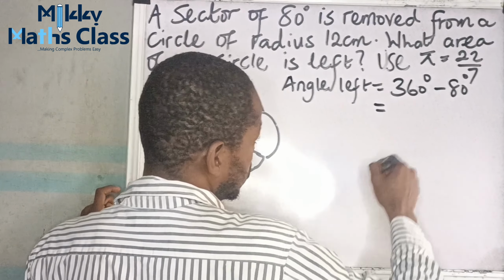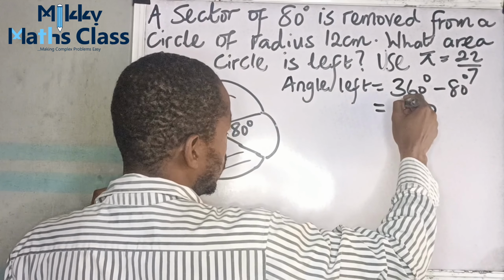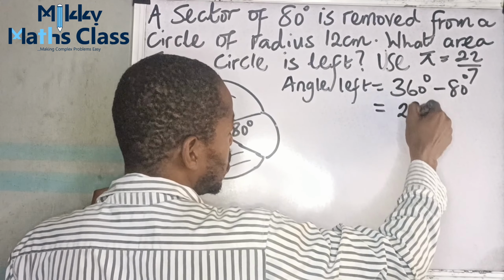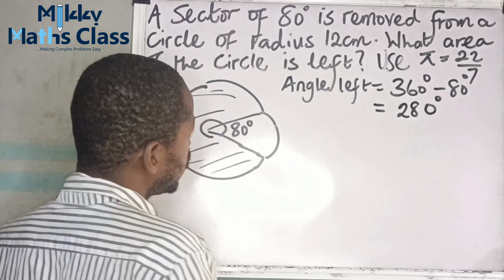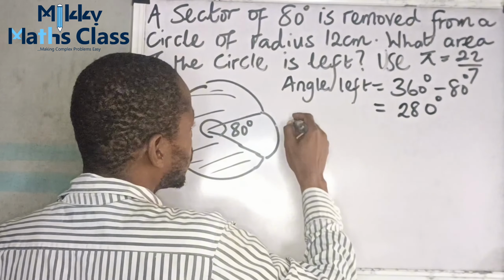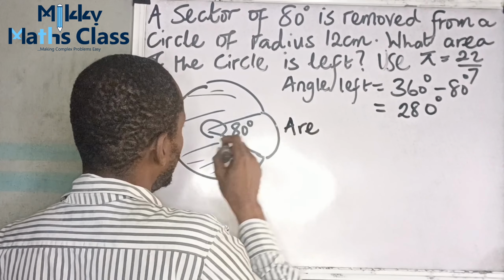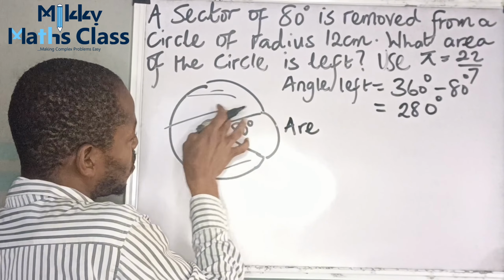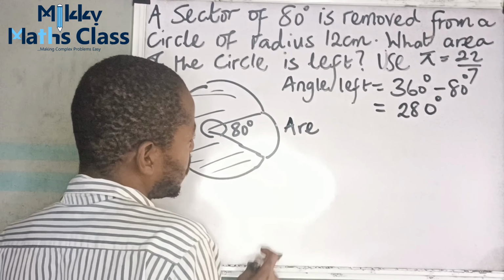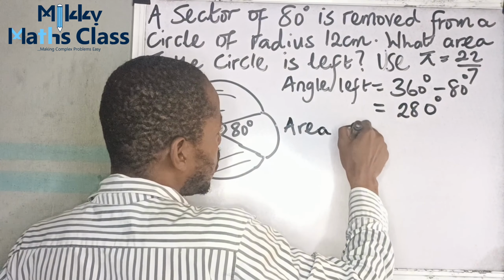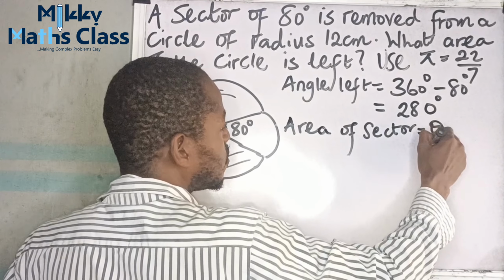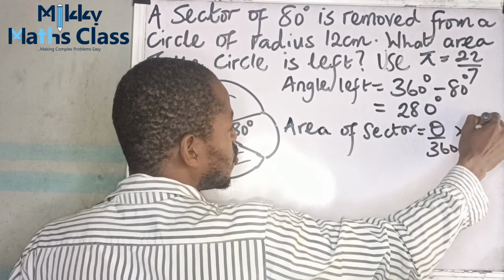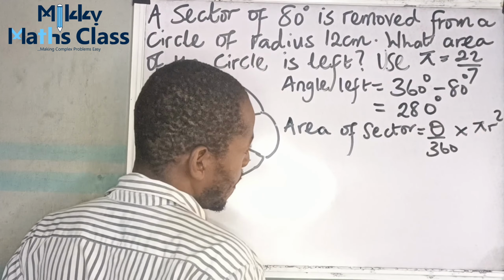That gives us 280 degrees, that's the angle that is left. So the area of a sector is given by, so we look for the area of this other sector that is left. Area of sector is given by the formula theta over 360 times pi r squared.